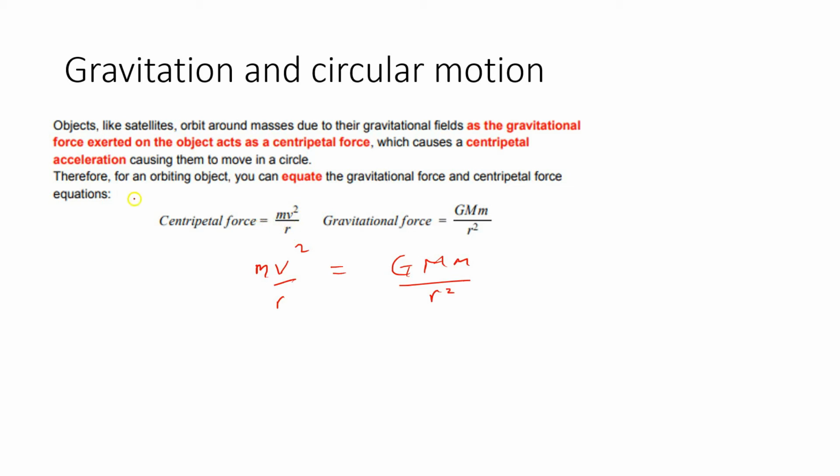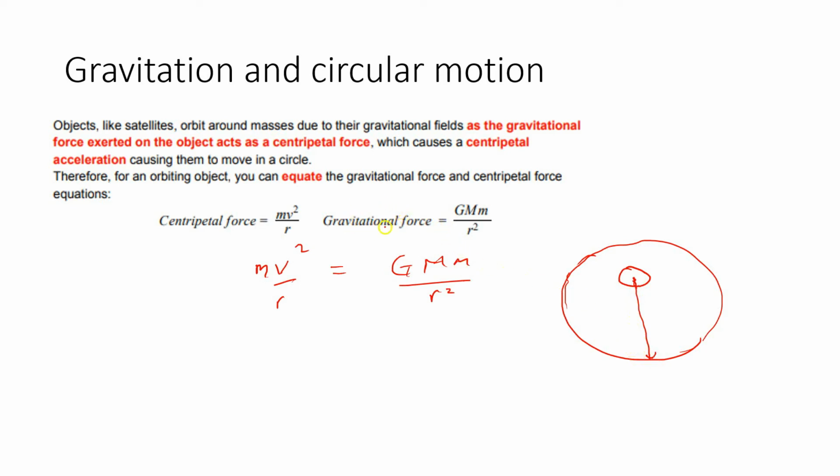Let's imagine that you have the Earth right here and you have some satellites rotating around it. That r is the distance, or you could call it the radius of the circular path, which we consider from the center of the mass to where the object is now rotating.